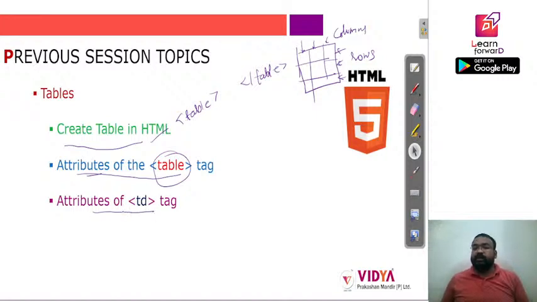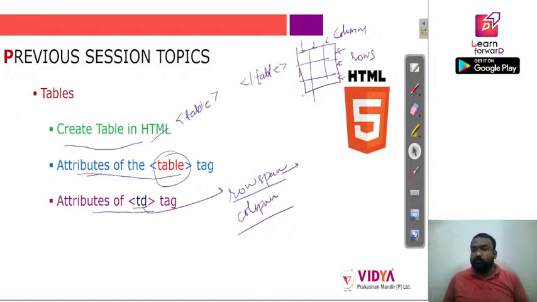Then we have seen the different attributes of table column, again like border, border color, and there were two most important ones, that were rowspan and colspan. We have seen if we want to merge the rows, then we use this attribute, and when we want to merge columns, then we use this attribute. And the number of rows we want to merge, we provide the value of that.